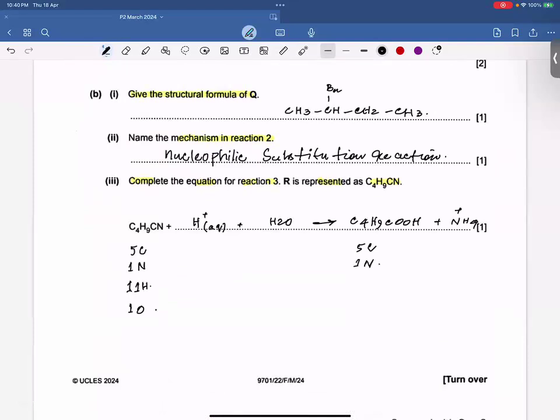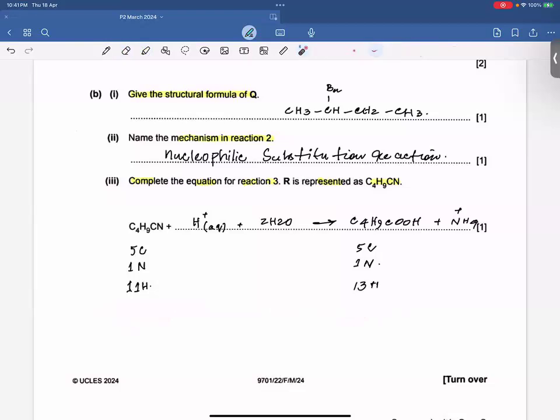How many hydrogen atoms now? 9 and 4, 13. Yeah, 13 hydrogen atoms. How many oxygen atoms here? 2. So we need to balance oxygen first. How many oxygen atoms here? 2. And here? 1. So we need to put 2 here so that we can balance the oxygen atoms. Oxygen balanced.